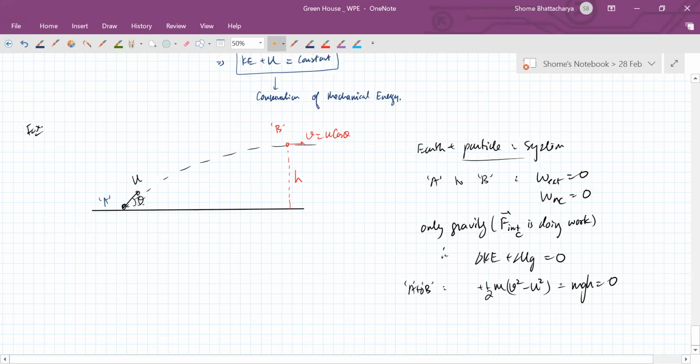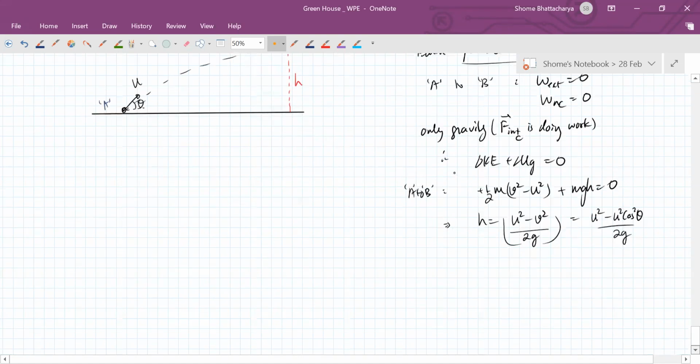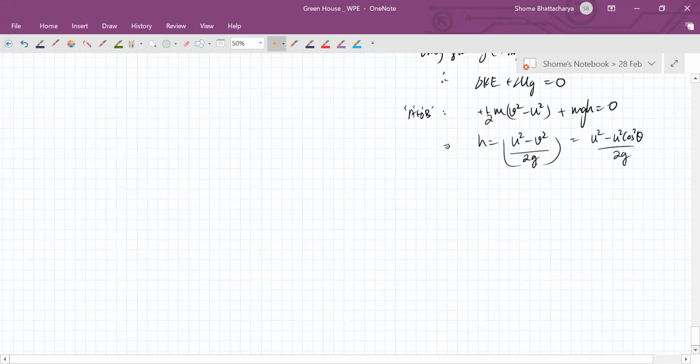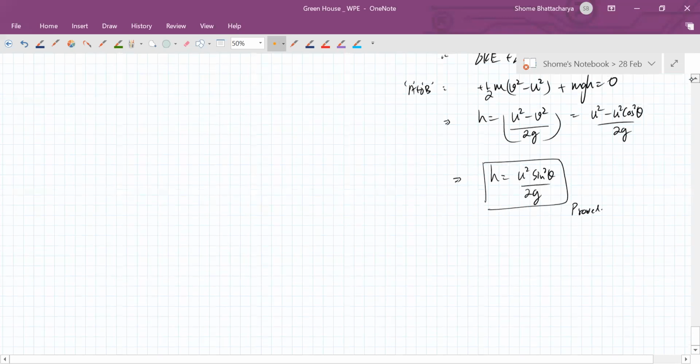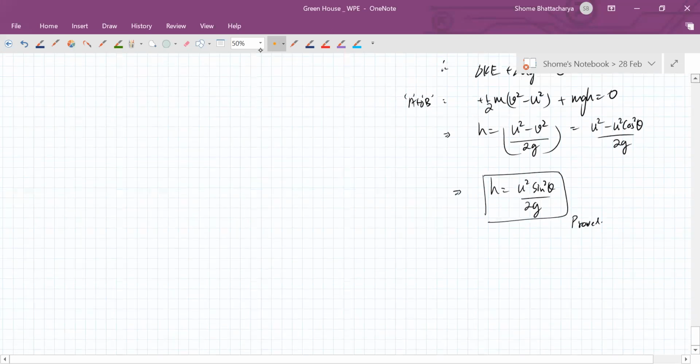So that sum is 0, and we get h equal to (u square minus v square) by 2g. This is the maximum height formula in projectile motion that you know from kinematics. You can also see the proof of this from the work energy theorem.